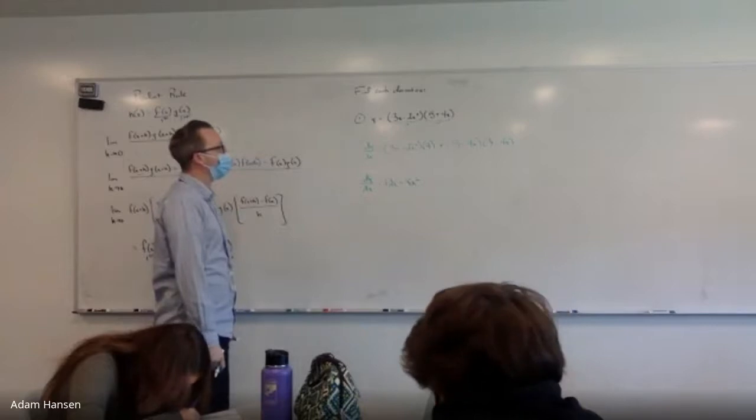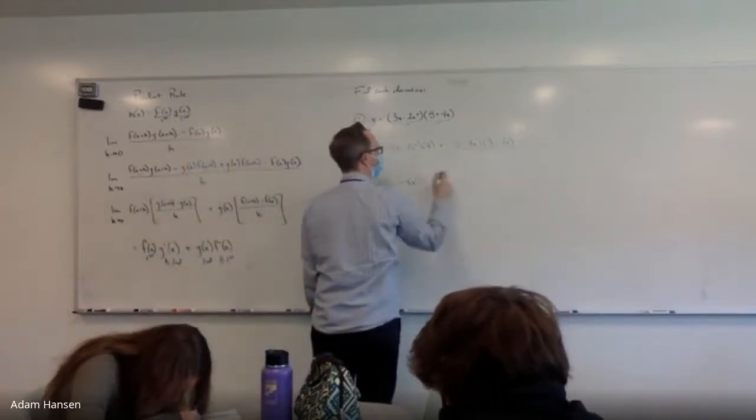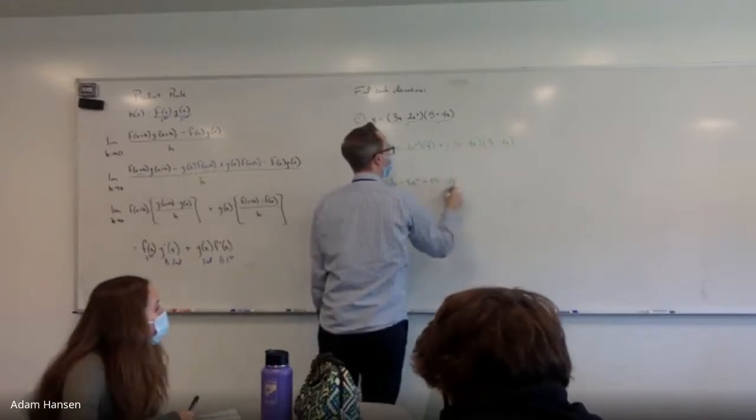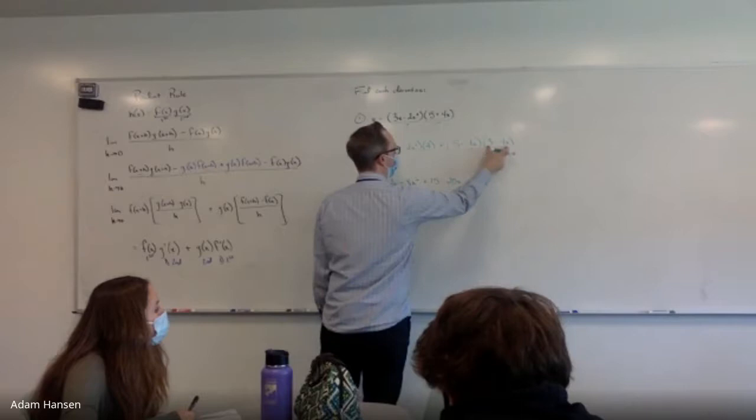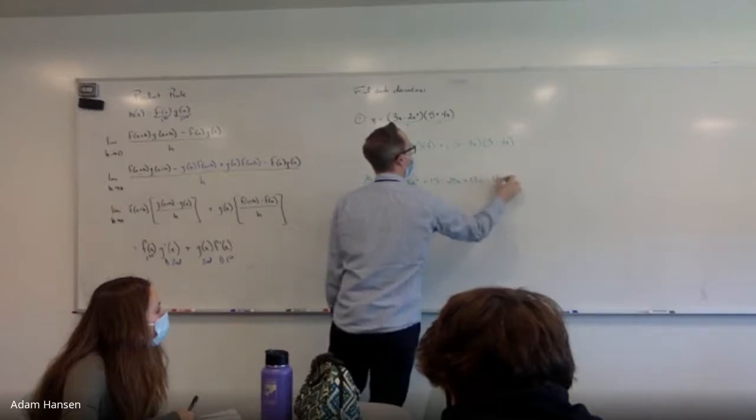Then 5 times 3 minus 4x should be 15 minus 20x. And 4x times the same 3 minus 4x gives 12x minus 16x squared.